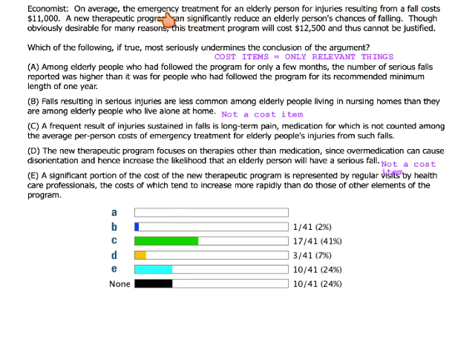For each fall, it's $11,000 in the emergency room, and it's $12,500 in this program. That's per fall, so it doesn't matter how often or how not often people fall, because you can still compare the numbers. So we've got C and E.